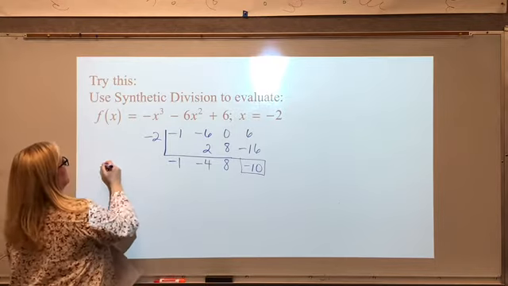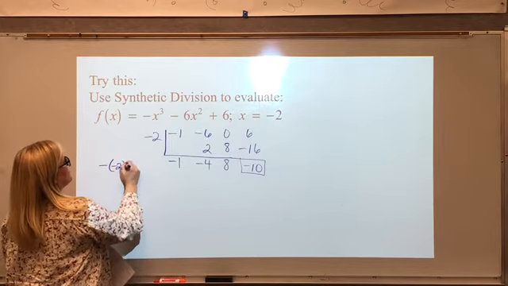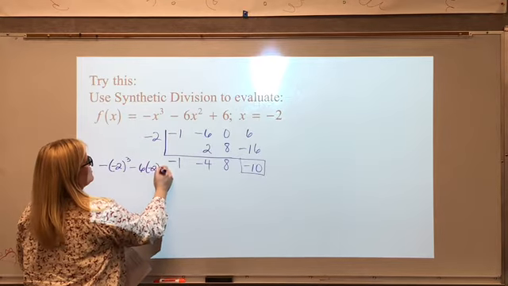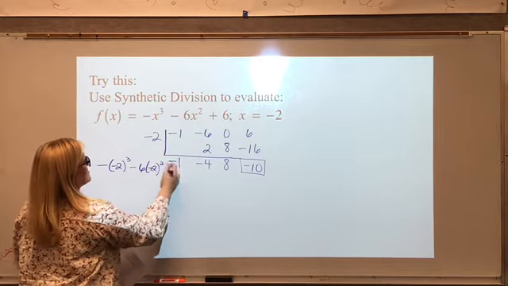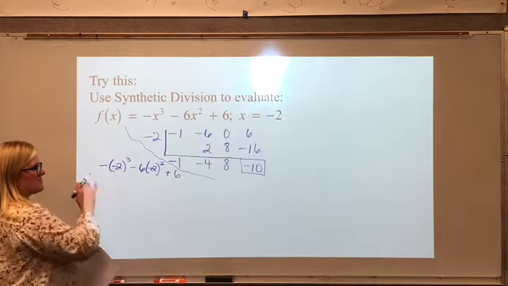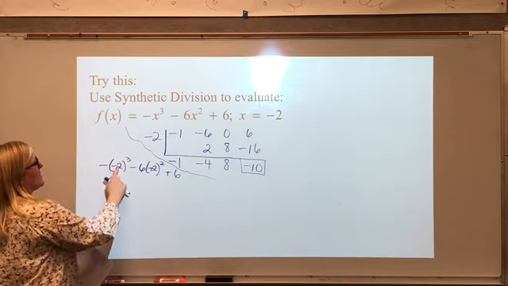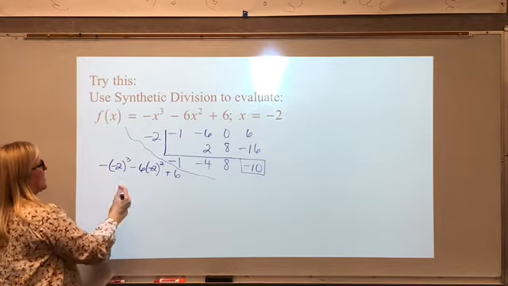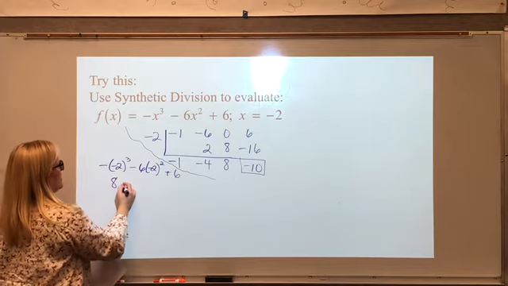And let's just look at it really quick. So I have negative 2 to the third minus 6 times negative 2 squared plus 6. Sorry, I'm kind of mixing that up a little bit. Okay, so negative 2 to the third power is negative 8. Times a negative is a positive 8.